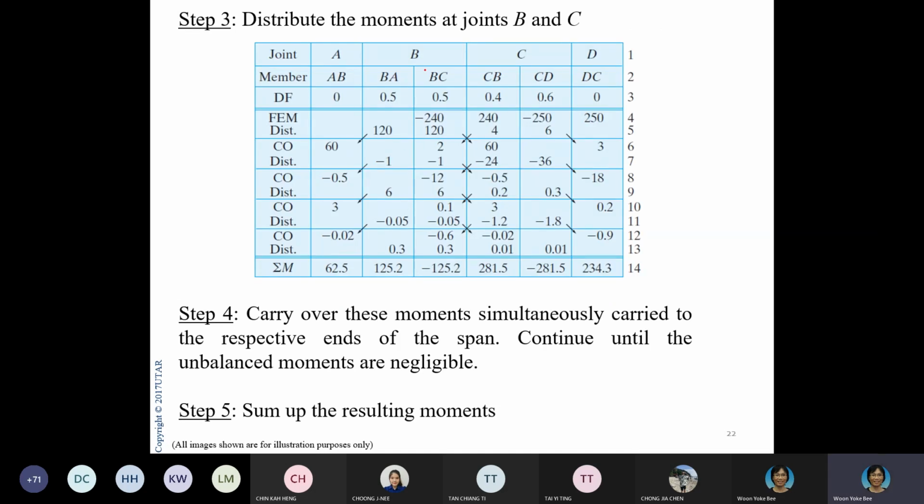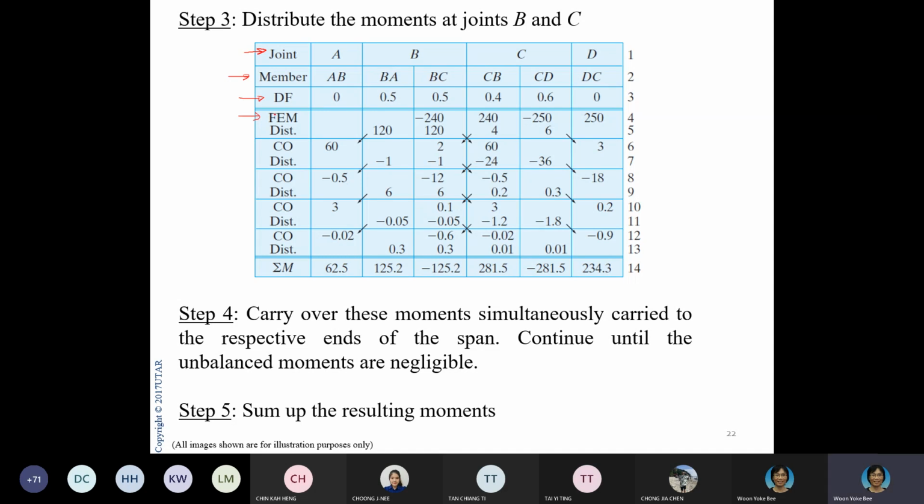So now that we have established all the preliminary parameters, we again look at our joints. We have 4 joints, A, B, C, D, and 6 member ends. Then you put in your distribution factors and your fixed end moments.